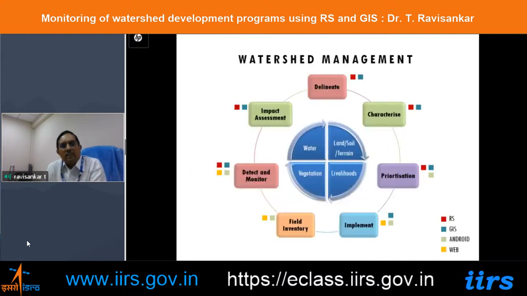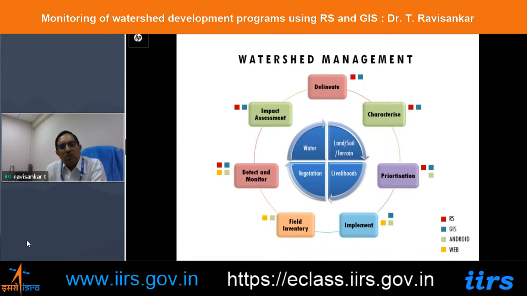So if you look at watershed management, the main components you see in this particular slide, the 4 components that we will be addressing in watershed management are water, land and soil, vegetation, and livelihoods. Basically, we have to delineate the watersheds, characterize them, prioritize, and implement the action items.